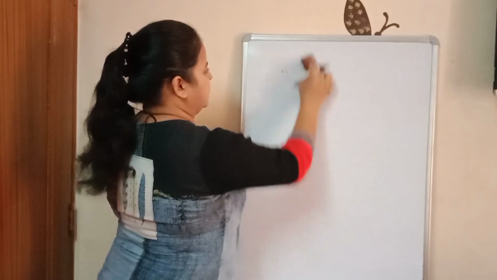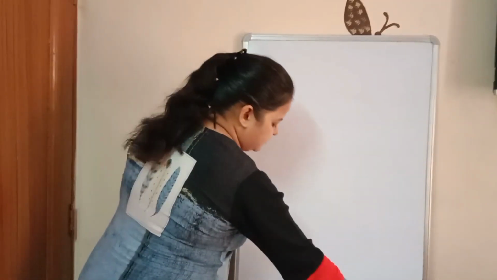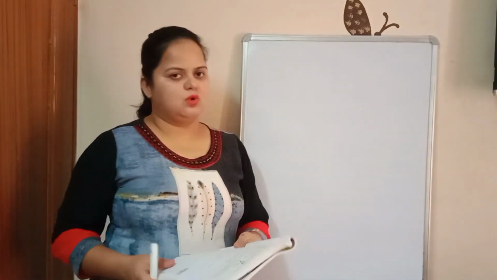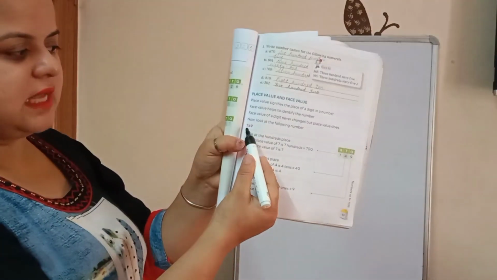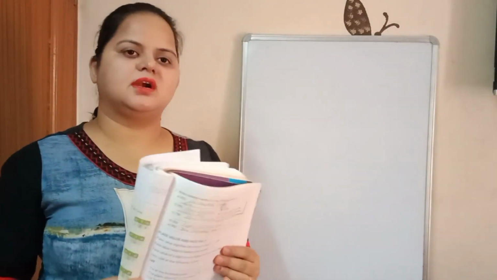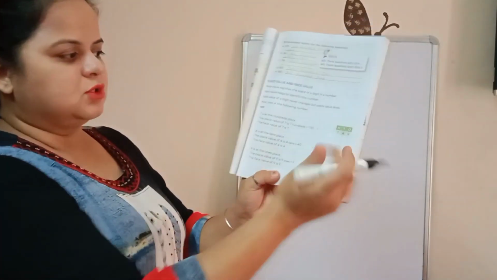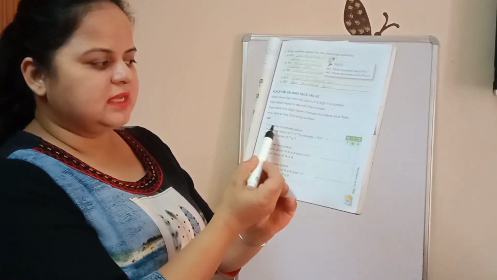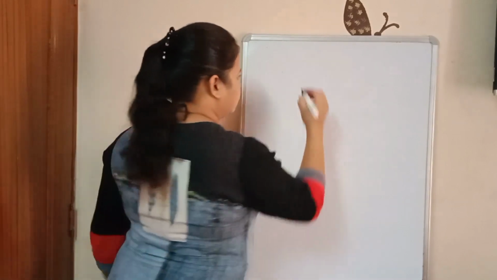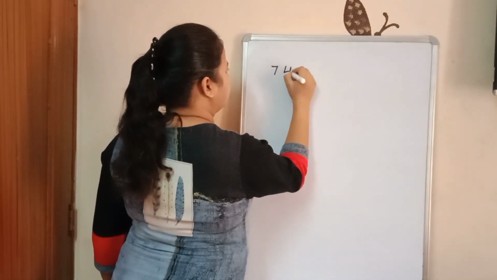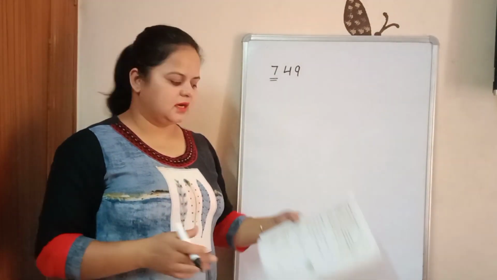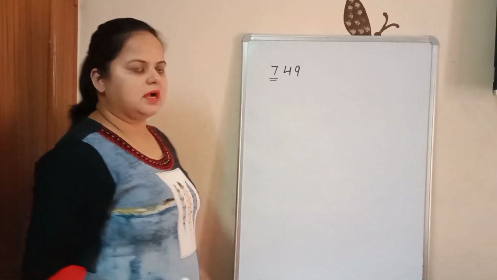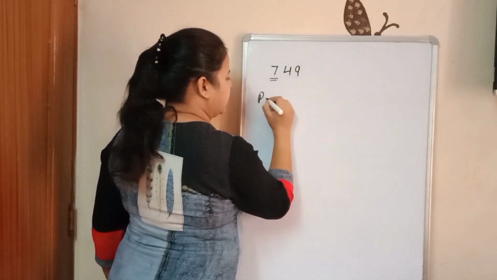Now we will do it with 3 digits. Now you all understand place and face value. See in this picture, here is one number given, 749. In this number, 7 is at the place of 100. 7 कौन से प्लेस पर है? 100 के प्लेस पर. तो 7 का प्लेस वैल्यू क्या है?